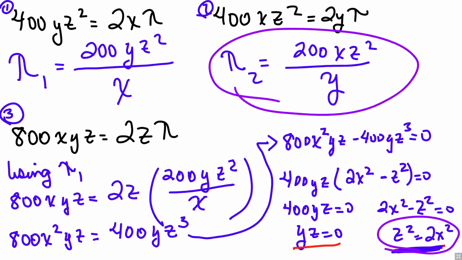If we take a look at those two equations, basically we're saying that z squared is equal to the other variable. But let's keep in mind that z squared can only be one of the particular variables at once.